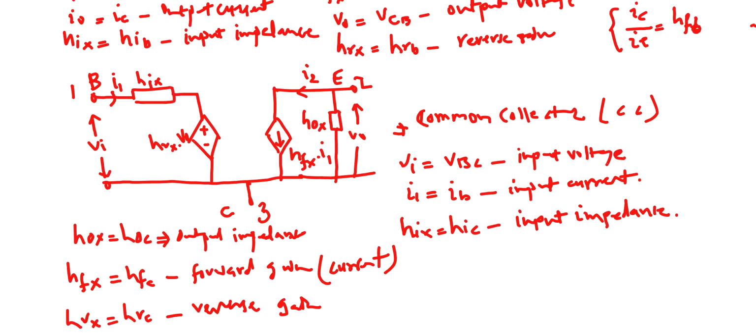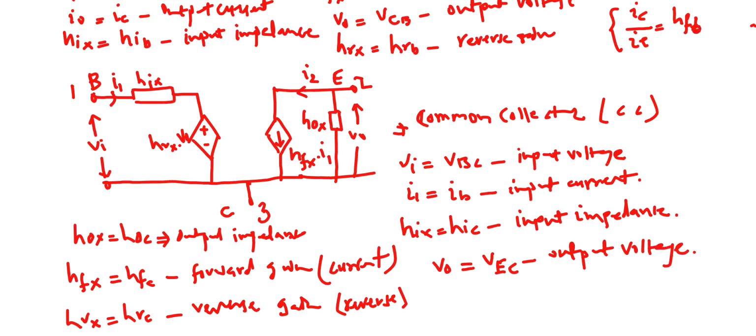And finally, you see that your output voltage V, which is VEC actually. VEC, which is the voltage across emitter and the collector. So this is output voltage. So you actually can see that your I2, we haven't seen what is I2. I2 is your emitter current, IE, which is output current.